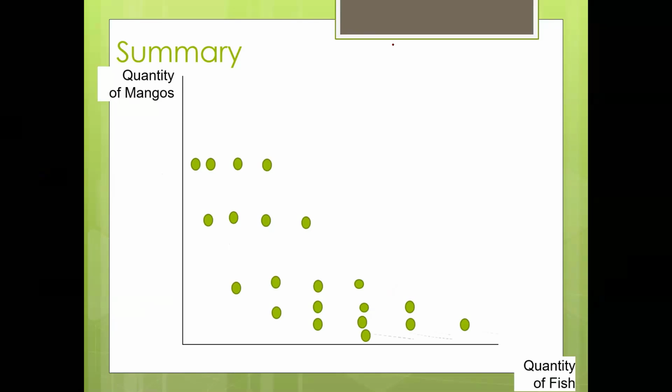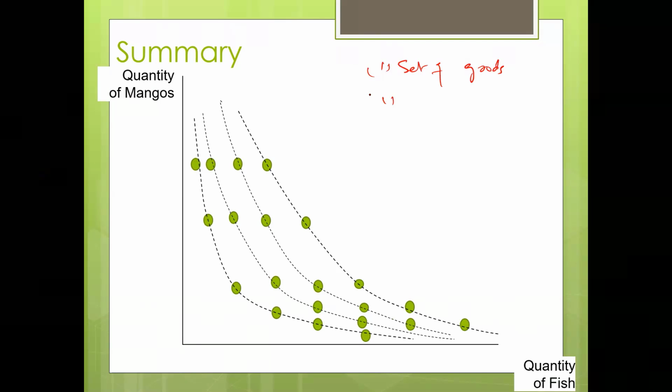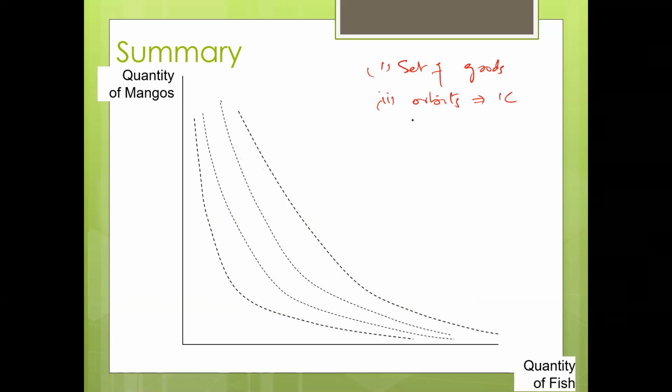So in the last summary, we have a set of goods which are lying on the axis, and these sets follow orbits, which are known as indifference curves.